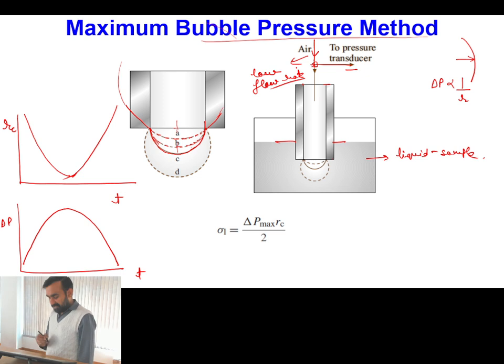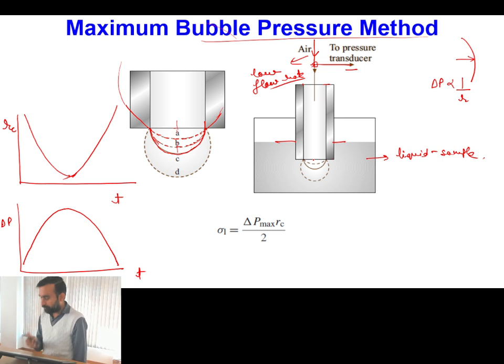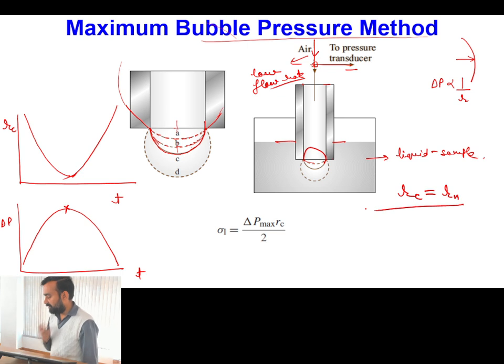Initially, when we simply start injecting the air, the value of pressure will be low, and once air starts forming this type of interface, the pressure will keep on increasing, and the pressure will have its highest value when the radius of curvature is equal to the radius of the needle.